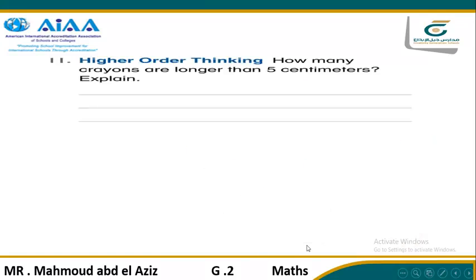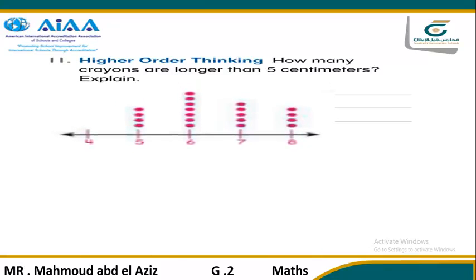Another question: how many crayons are longer than 5 centimeters? Explain. Here you need to remember your number line. The question is how many crayons are longer than 5 centimeters? Here is number 5 centimeters, so we have number 6, 7, and 8.